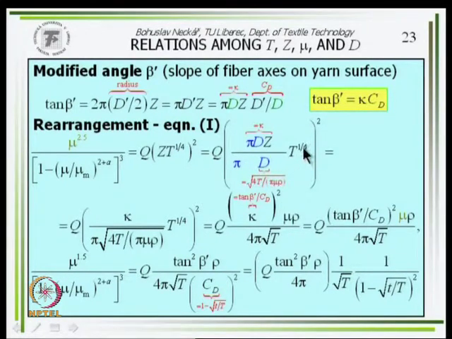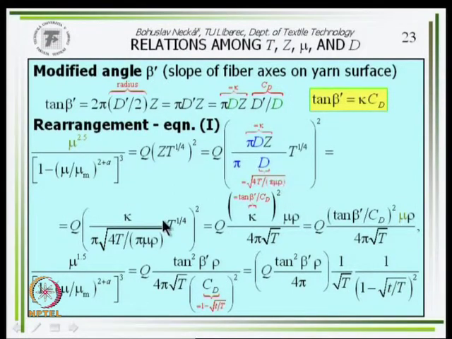T to the power of a quarter is here. Z, it's pi d z by pi d. I multiply and divide by pi d. D, we know, is square root of 4t by pi mu rho.